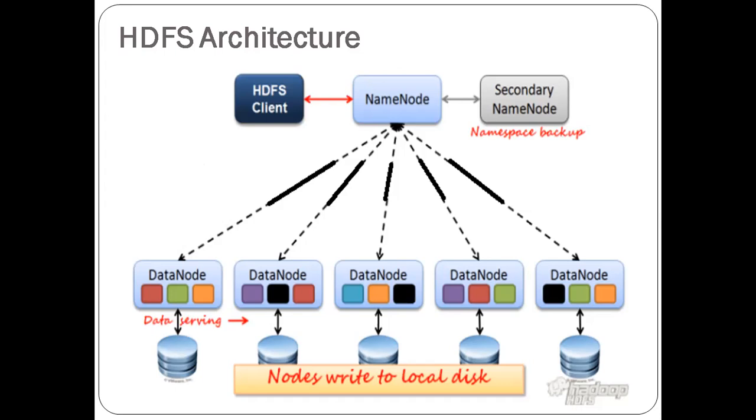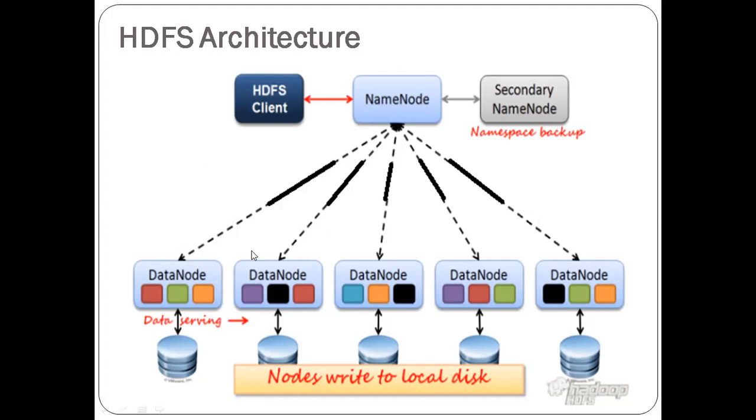This architecture works like master-slave. Name node acts as a master, data node acts like a slave. All the files written by the clients are stored in the data node with the help of name node. As I said in the previous session, a single file is divided into different blocks and stored in different data nodes.